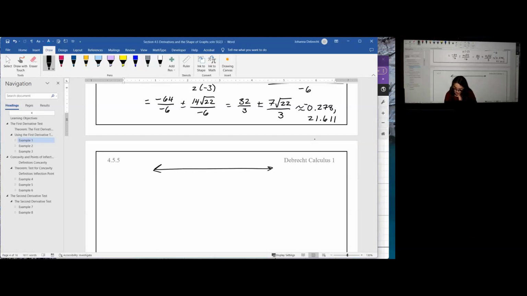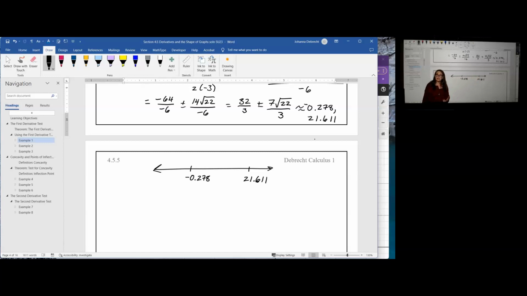We're going to place the two critical values onto the number line as the only tick marks that we have. It does not need to be to scale. Make sure that you have some space to the left of the leftmost, space between, space to the right of the rightmost. If you have more critical points, just make sure you've got space between.